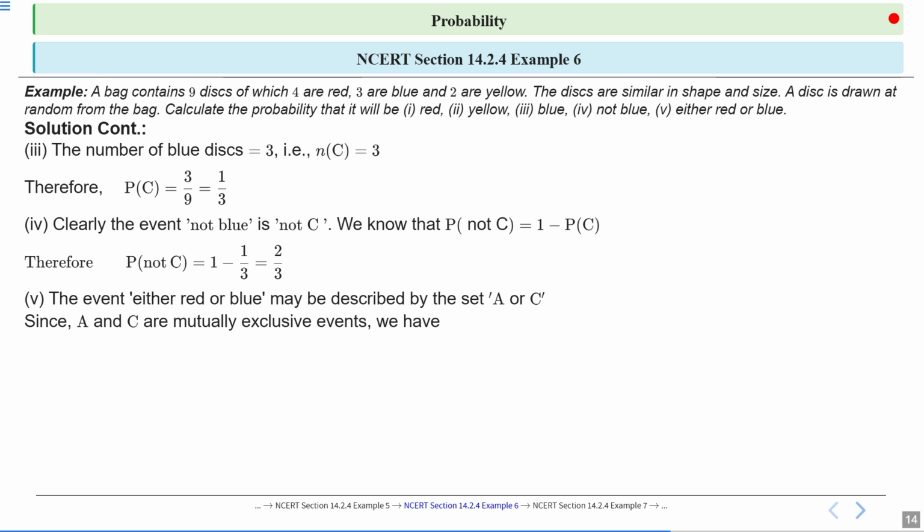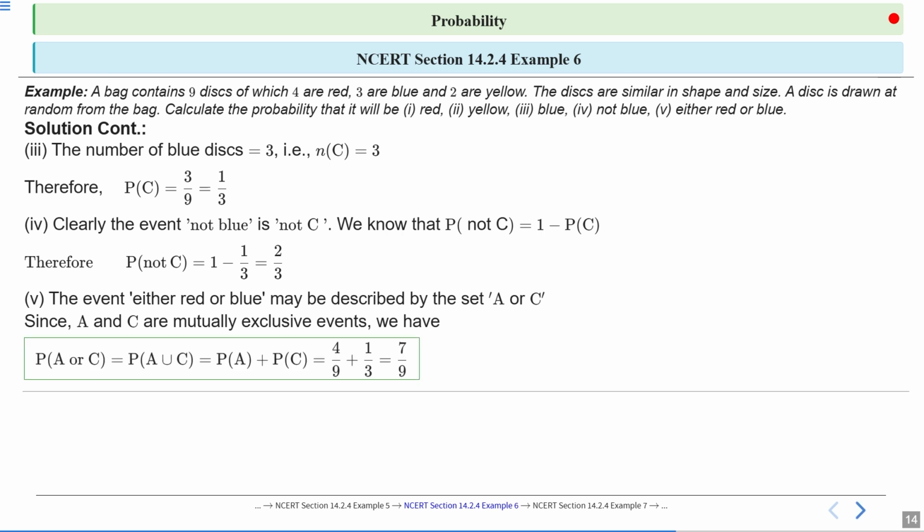You can check it: A intersection C is empty. There is nothing common between the events A and C. So A and C are mutually exclusive events. So we have this formula: the probability of A or C is equal to the probability of A union C, and this is equal to the probability of A plus the probability of C.